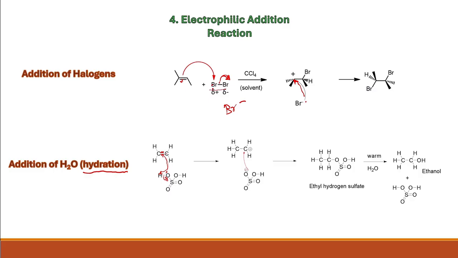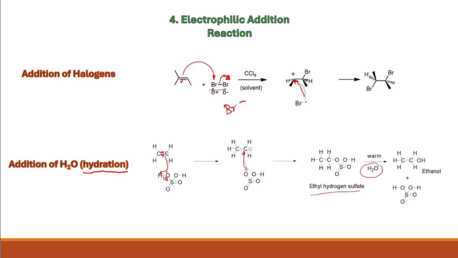The sulfate ion will then attack the carbocation, or the carbon with the positive charge. That will give you an intermediate of ethyl hydrogen sulfate. So simply the sulfate ion will be added to the alkene, and then the second step is that you warm with water.